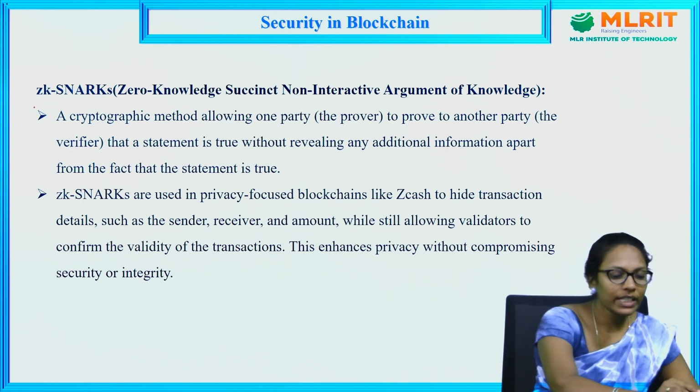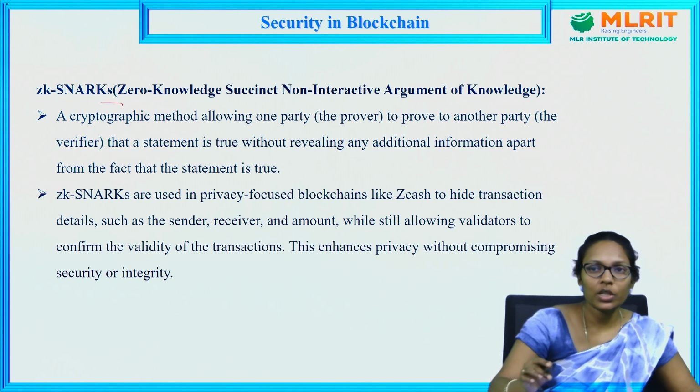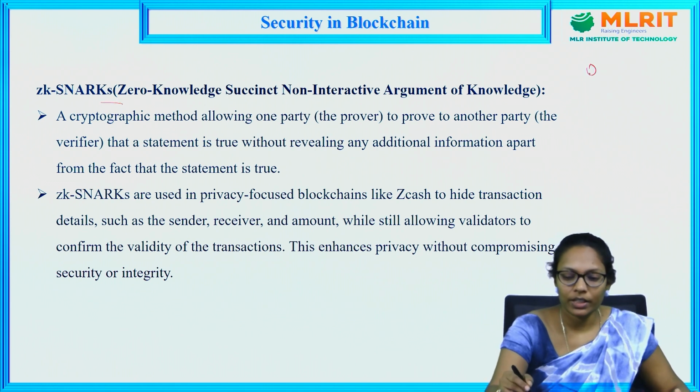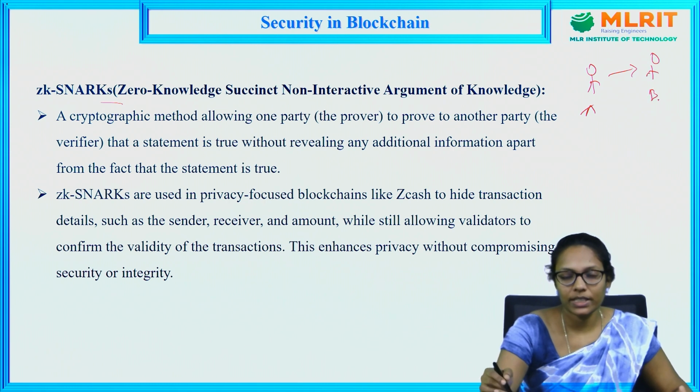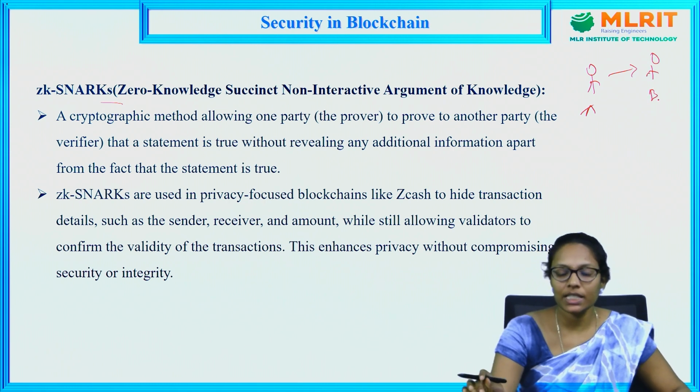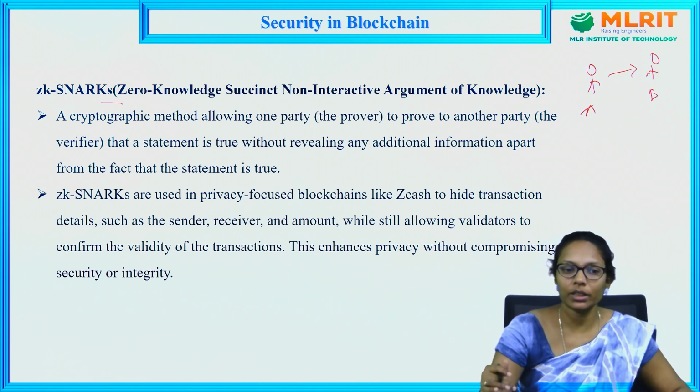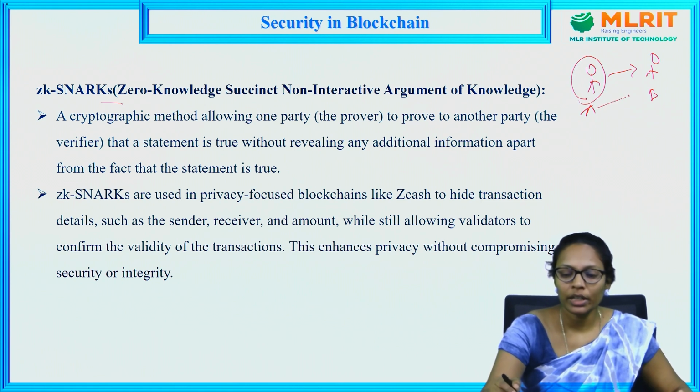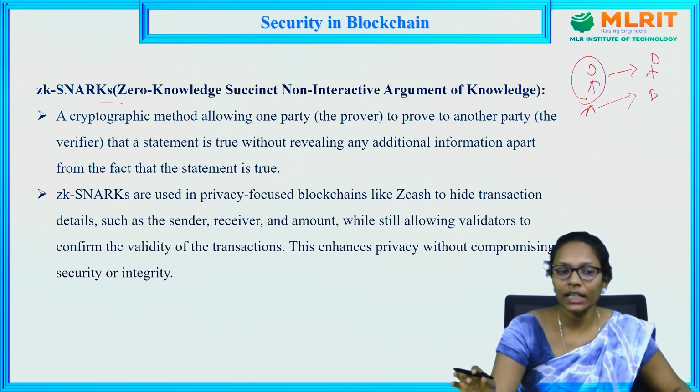So first one is ZK-SNARKs. Zero knowledge. A person A wants to convey some information to person B. It contains some sensitive or private information. Then what A needs to do is communicate that information without revealing any secret information.